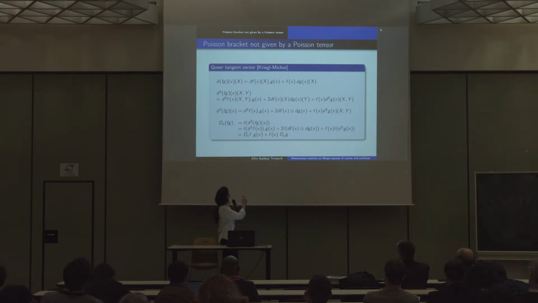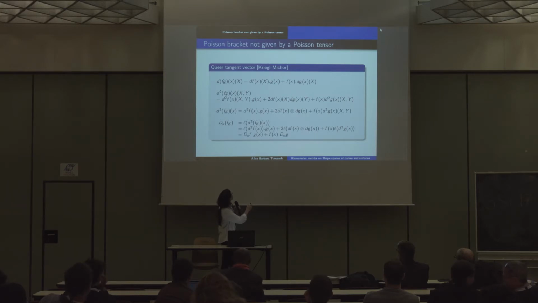You have f and g, and first you differentiate f, you multiply with g, and then you take f and differentiate g, and you do it another time, and you have the second derivative of x appearing with a product with g at the point, the symmetric part here, and in between you have the first derivative of f and the first derivative of g applied at x and y.